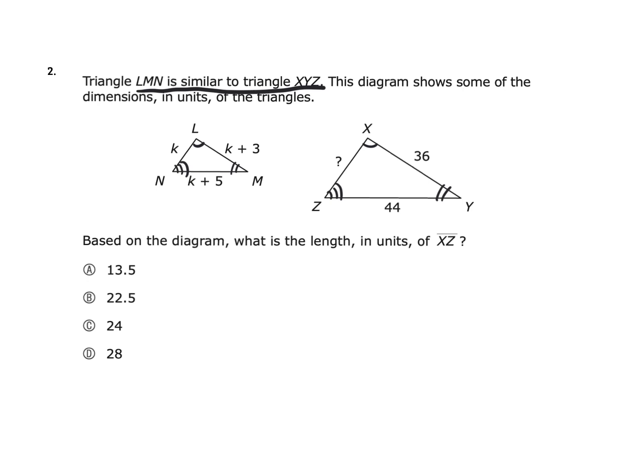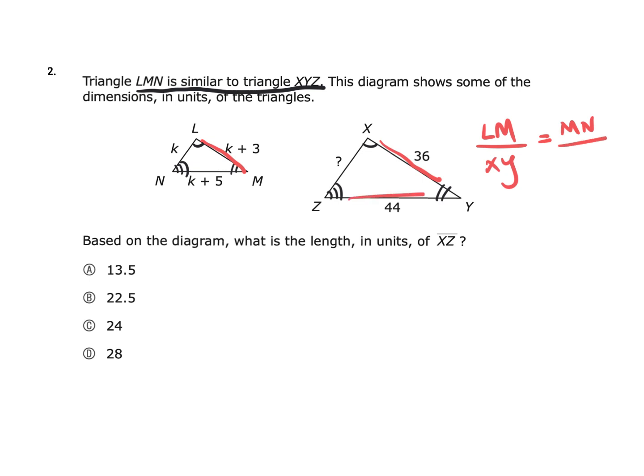Okay, so first thing we need to do is, steps are the same. So you can see that LM goes to XY. LM corresponds with XY. And again, I started with the smaller triangle, so MN must also go on top.